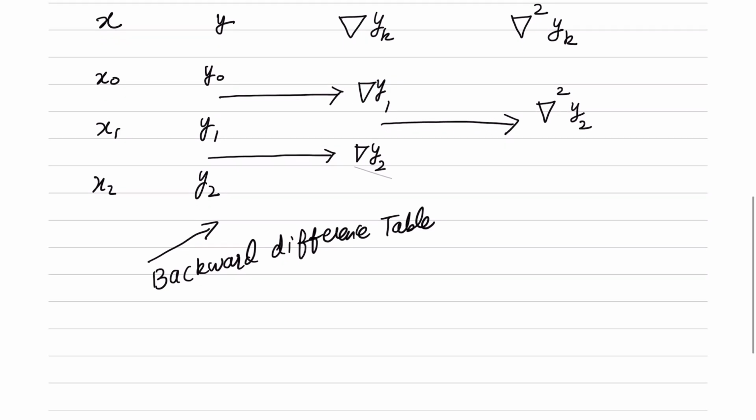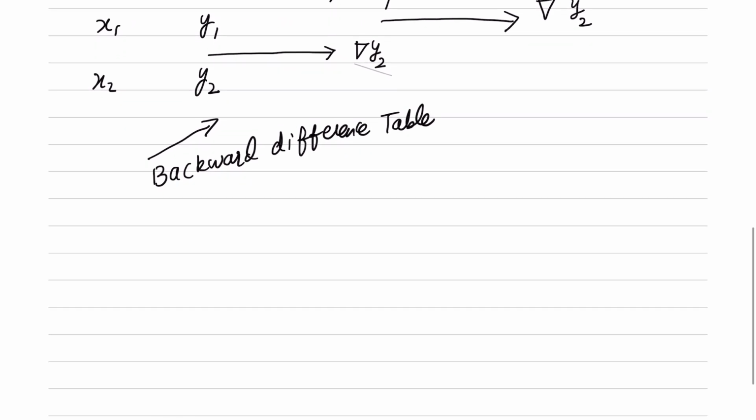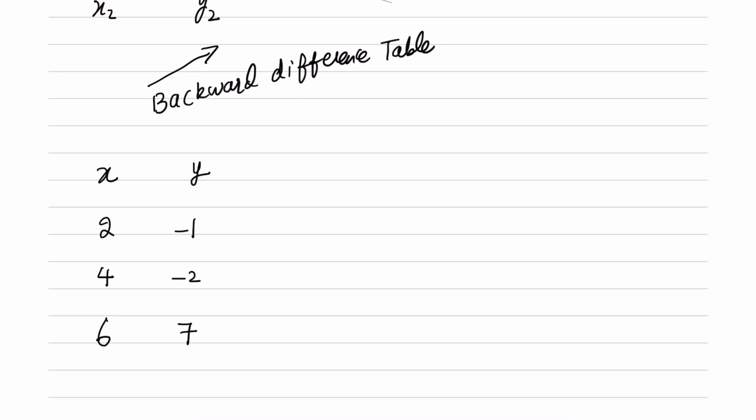Let's actually get the backward difference table for some data. We have equally spaced data: x values 2, 4, 6 and y values minus 1, minus 2, 7. To construct the backward difference table, first I will construct the differences, just like when constructing the forward difference table.